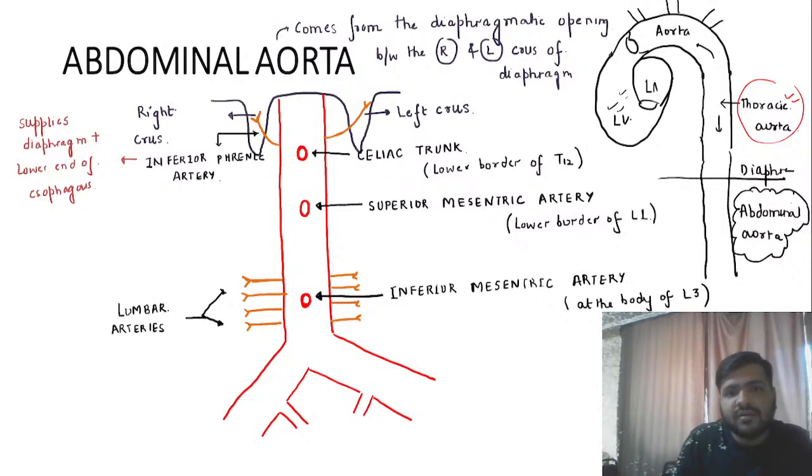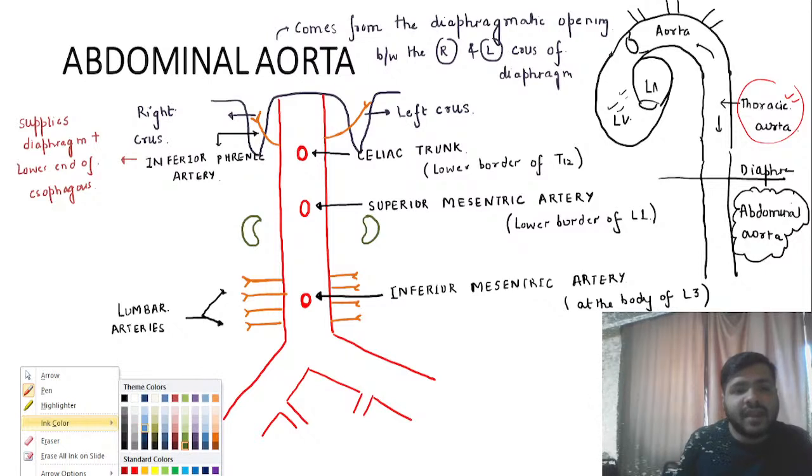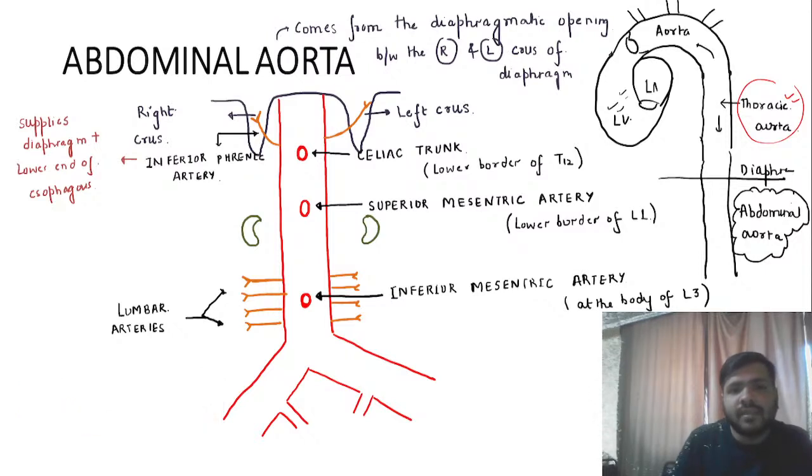So we have the kidneys as well. Okay, so the kidneys are getting direct blood supply from the aorta. Now I'm talking about the lateral branch only.